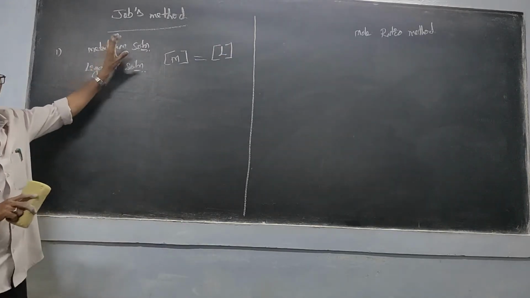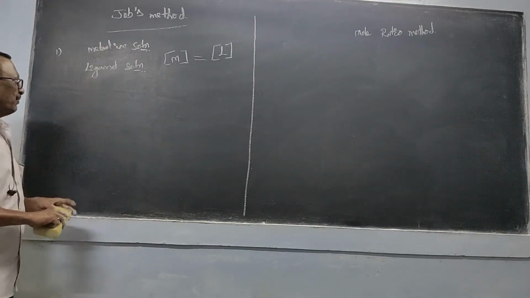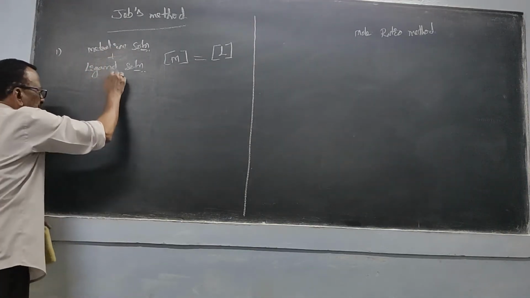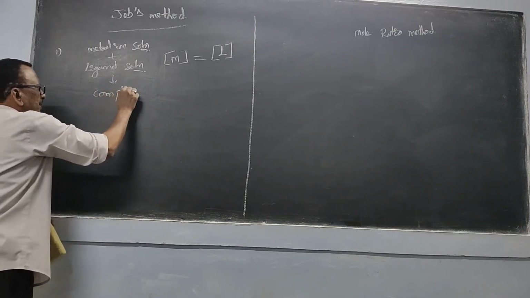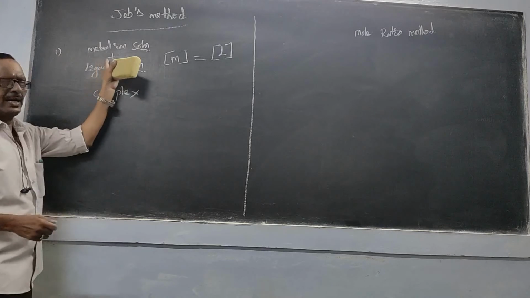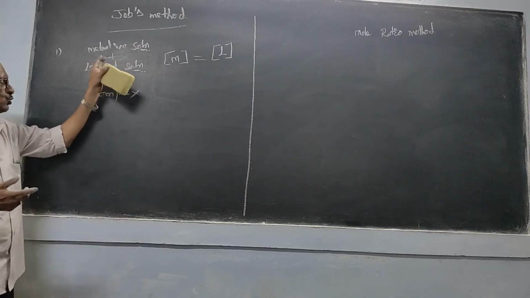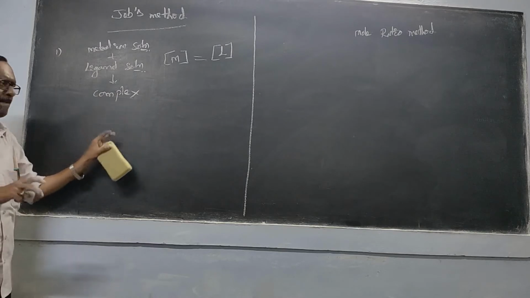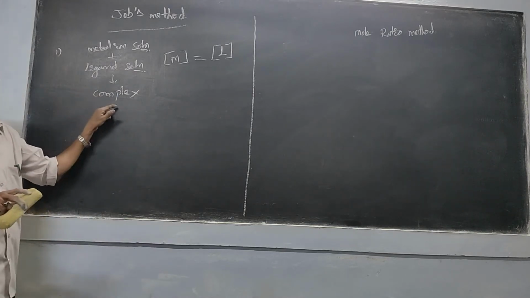So here in the case of Job's method, we are using two solutions. When these two solutions are mixed, then we will get a complex. So the metal ion solution is mixed with the ligand solution, and by this we are getting a complex and determining the composition of this complex itself.